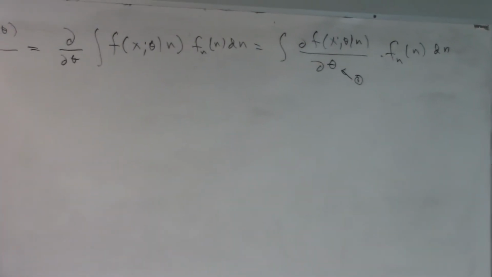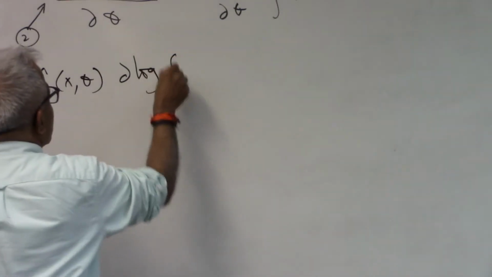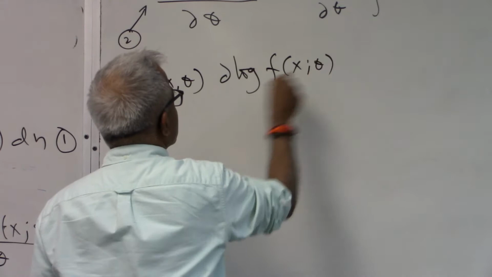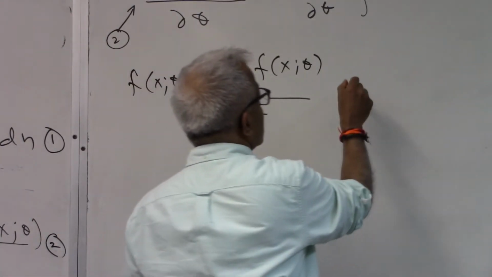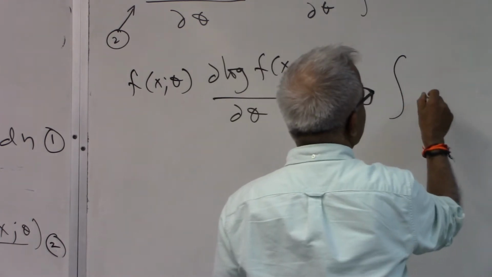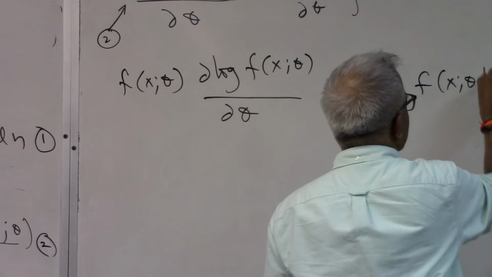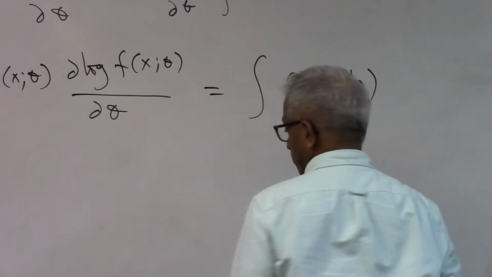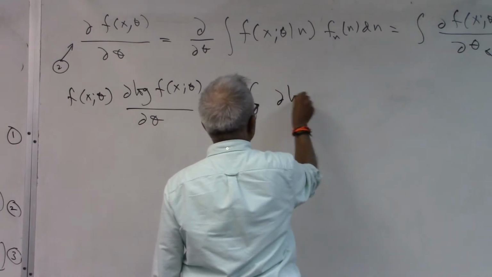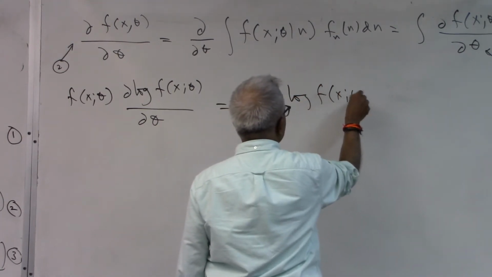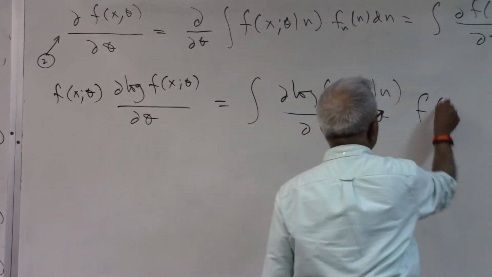So I get f of x comma theta d log f of x comma theta d theta is the integral over n of d log f of x comma theta given n d theta multiplied by the density function.